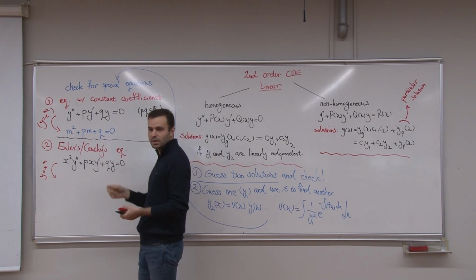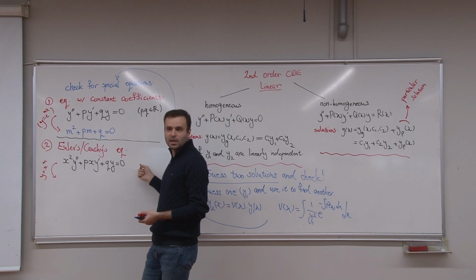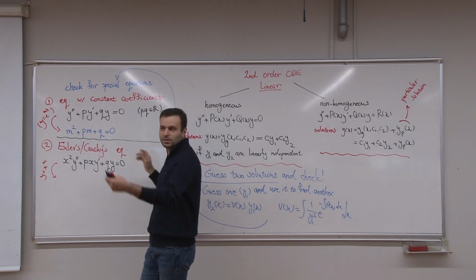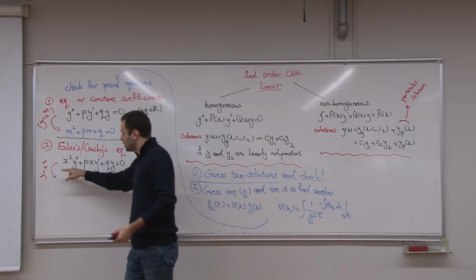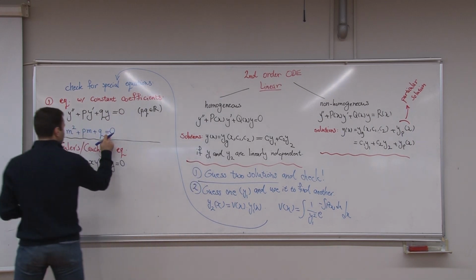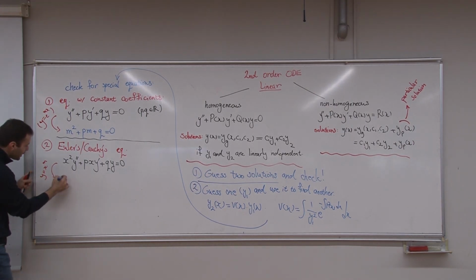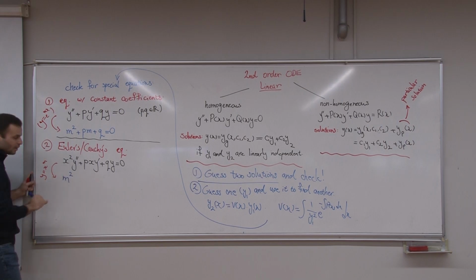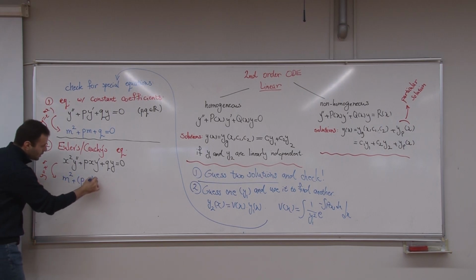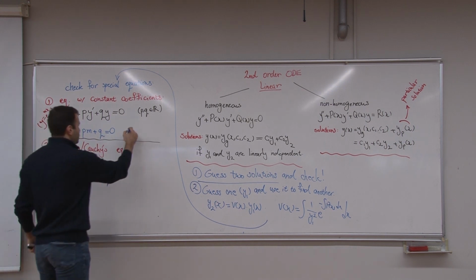The first derivative is x to the power of m minus 1 with some coefficients, and when multiplied by x it comes back to x to the power of m. So a combination of them is equal to 0 if the coefficient that is appearing must be equal to 0. That coefficient, we call it what? The characteristic equation again. This time it is m squared plus (p minus 1) m plus q equal to 0. Okay, characteristic equation.